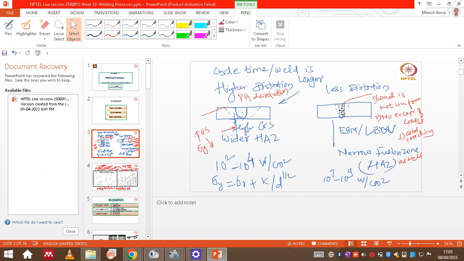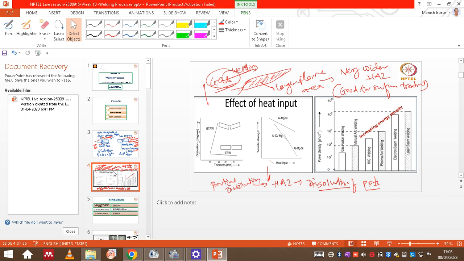Sometimes that is not good, because some kind of segregation is there at the center of the weld zone, and it will create a problem, right? Also, we have seen the distortion problem is minimal in higher beam welding processes, and we have seen this kind of plots, right?